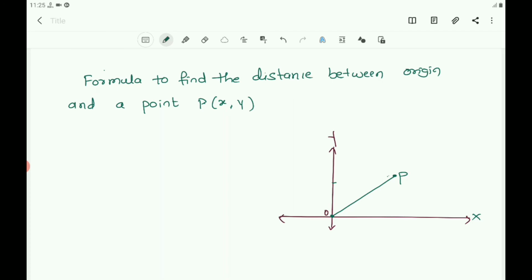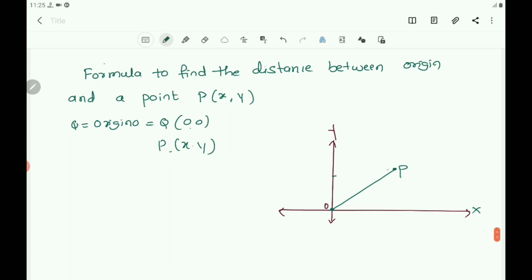So you take Q as the origin with coordinates 0, 0, and P with coordinates x, y.